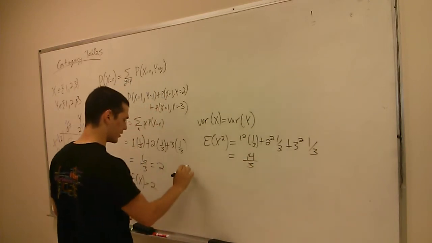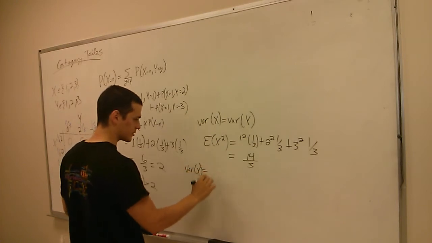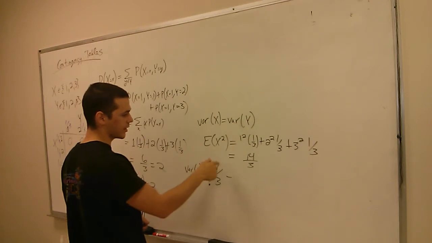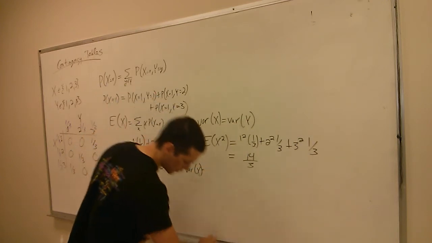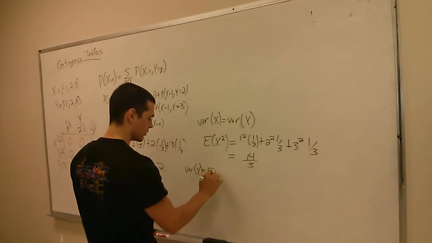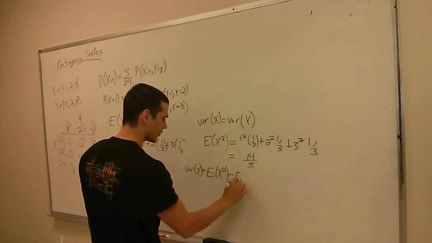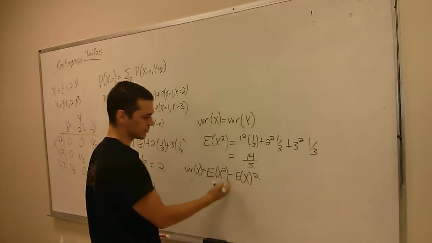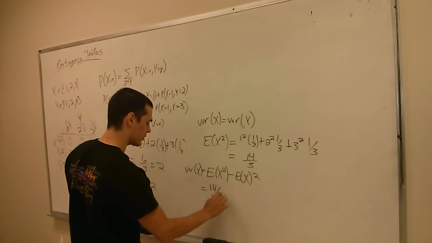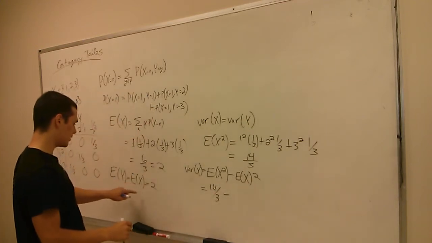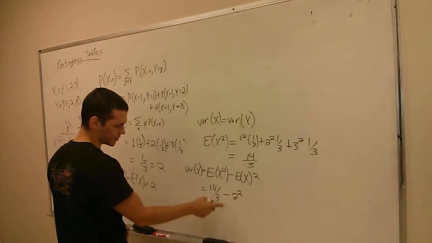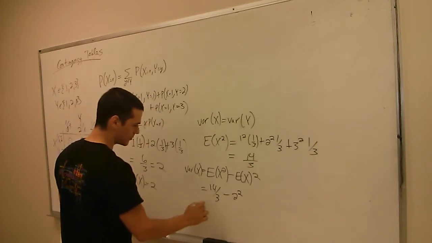So now if we want to compute the variance of x, this is E of x squared minus E of x, quantity squared. This is a nice formula to work with. So this is 14 over 3 minus E of x squared. This is 2 squared, right? And so this is 14 over 3 minus 4.